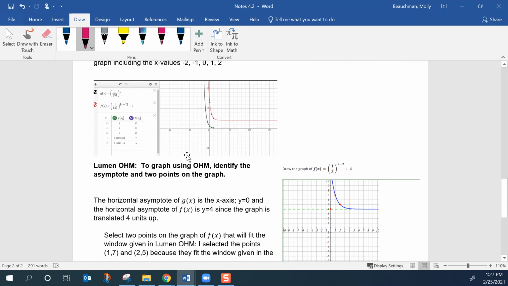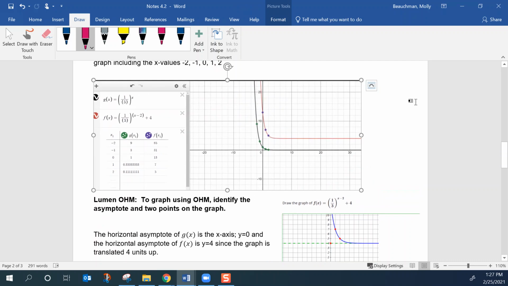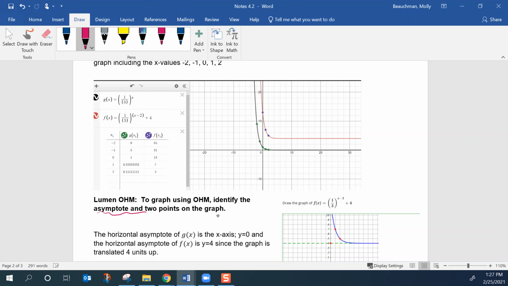Let me make that a little bit larger so you can see it. 1/3 to the power of x is the graph in green, and 1/3 to the power of x minus 2 plus 4 is the graph in red. When you graph these in Lumen, they're going to want you to identify the asymptote and 2 points on the graph.